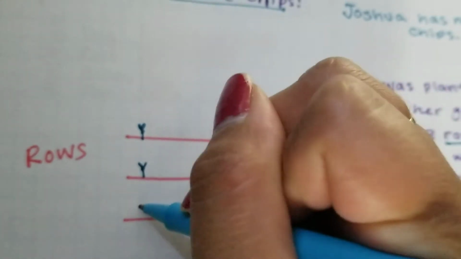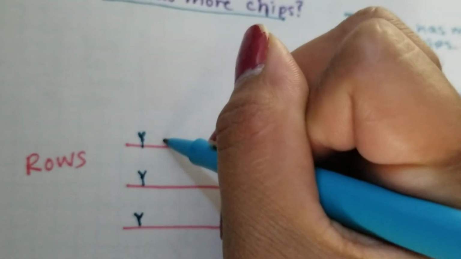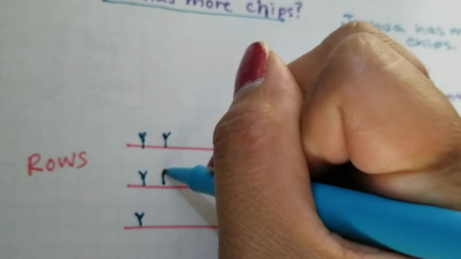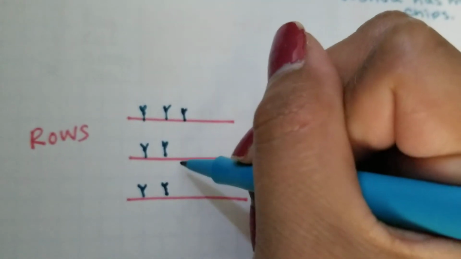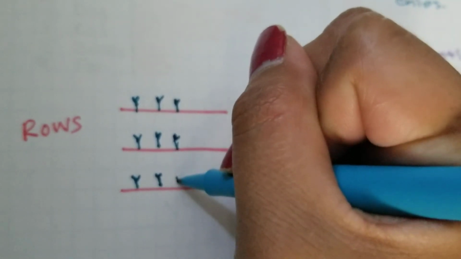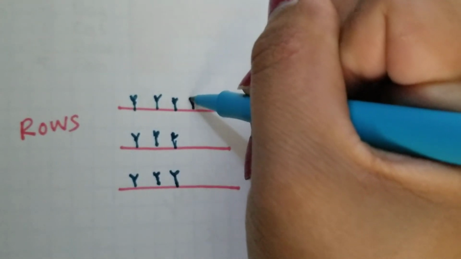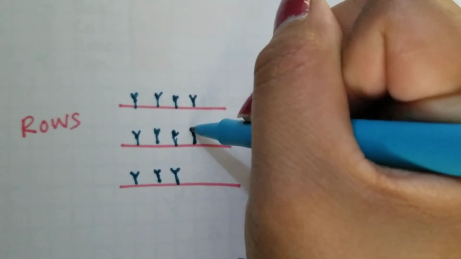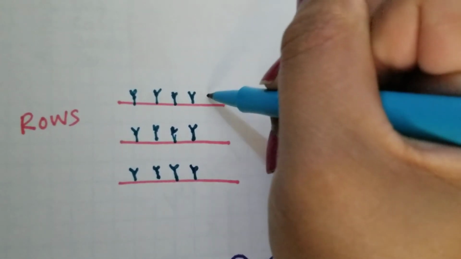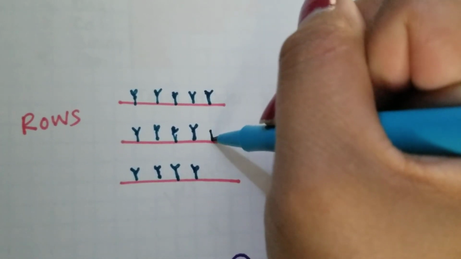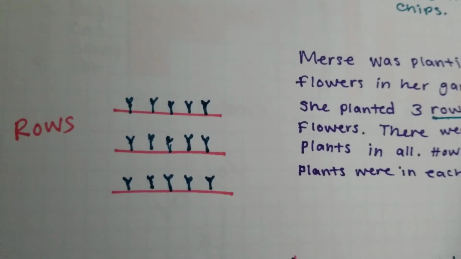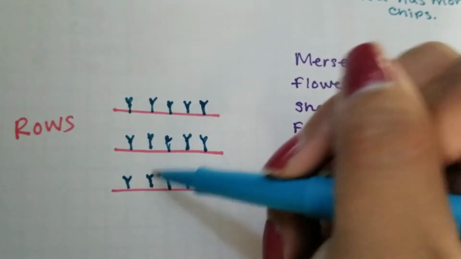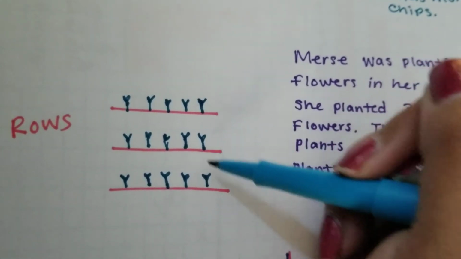Ready? 1, 2, 3, 4, 5, 6, 7, 8, 9, 10, 11, 12, 13, 14, 15, wait, 1, 2, 3, 4, 5, 6, 7, 8, 9, 10, 11, 12, 13, 14, 15.